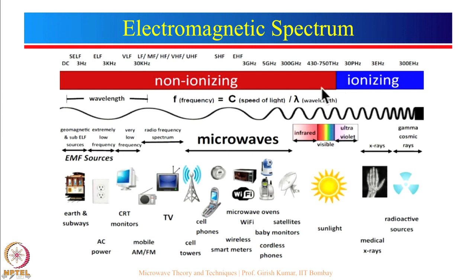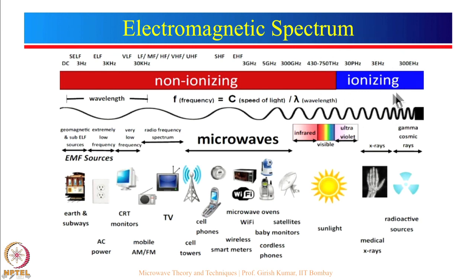So electromagnetic radiations are defined in 2 zones. One is known as the non-ionizing zone, another is known as the ionizing zone. X-rays, nuclear rays, gamma rays and other things are in the ionizing radiation form, and these are non-ionizing. How do we differentiate between the two? Ionizing radiation has more energy, which is given by the formula E equal to hf, where f is frequency.